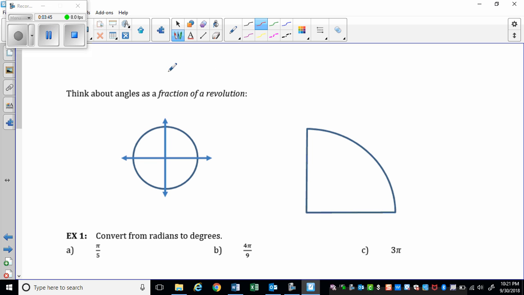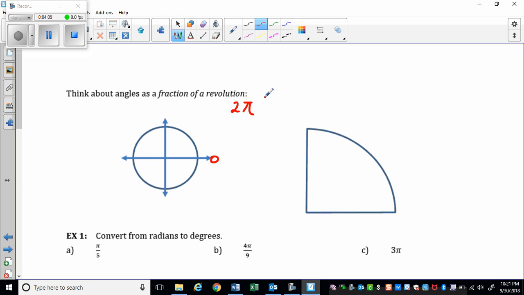It says think about angles as a fraction of a revolution. So if a whole revolution in radians is 2 pi, so this is 0, this is 2 pi. Well, this is actually a fourth of my circle.